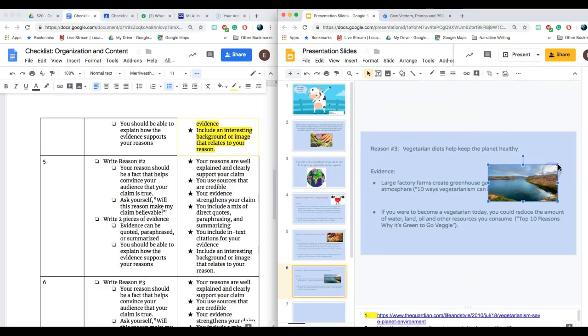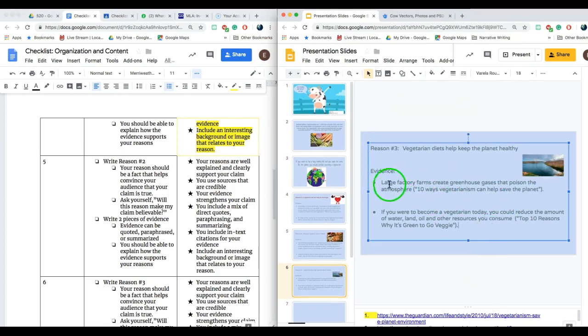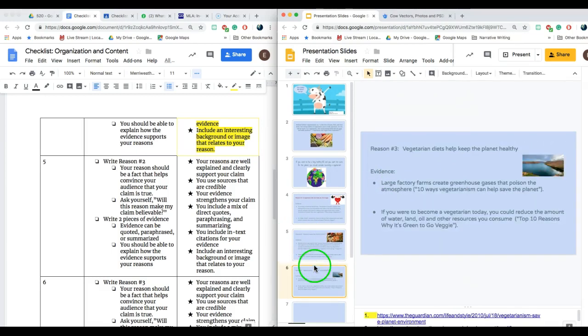And then I have a picture of my healthy planet. Okay, and so I kind of went through the same thing with these pieces of evidence for slide number 2 and slide number 3. And that's basically it.